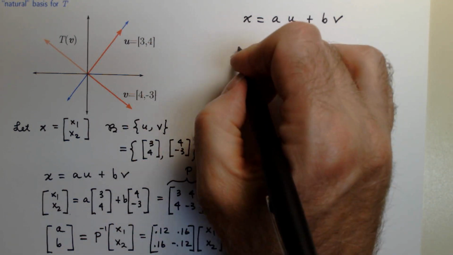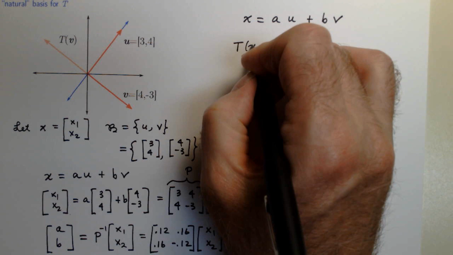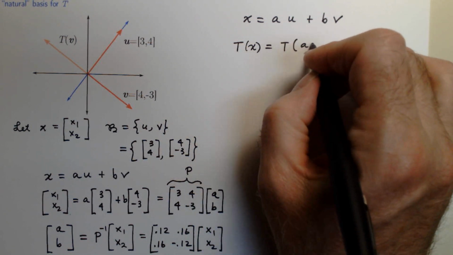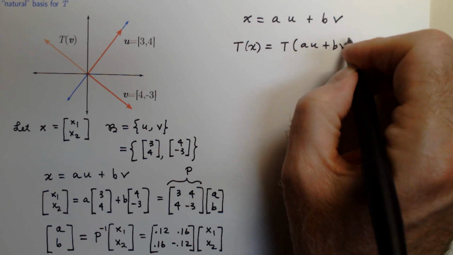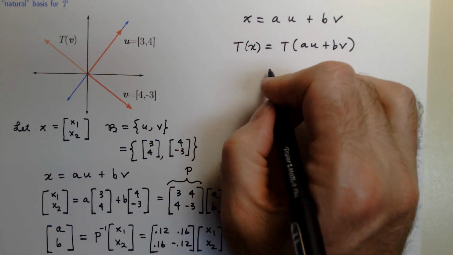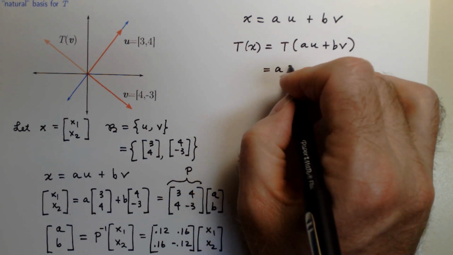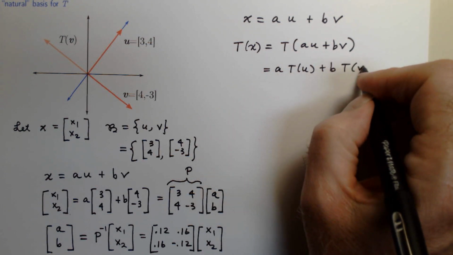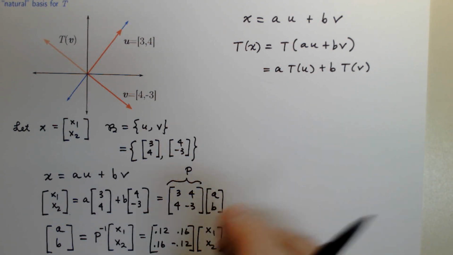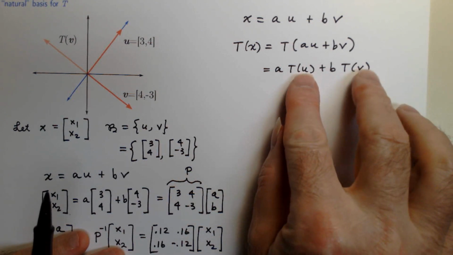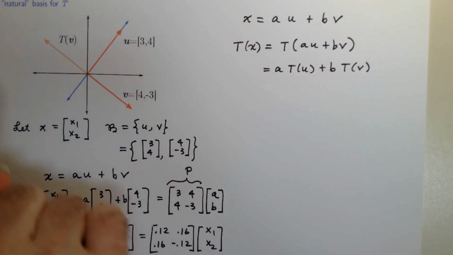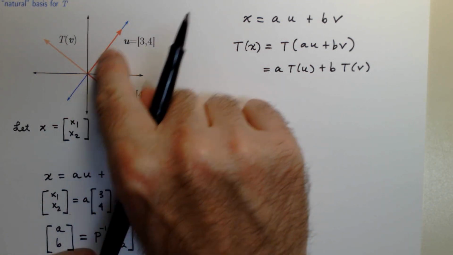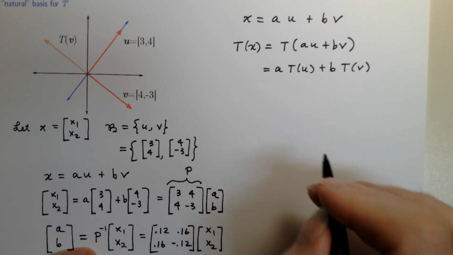So if I want to know what T is at x, that's the same thing as T at au plus bv, but T is linear, and so this is going to be a times Tu plus b times Tv. And here's where the fact that this basis u and v is nicely tuned to our transformation. We know that T applied to u is just u.